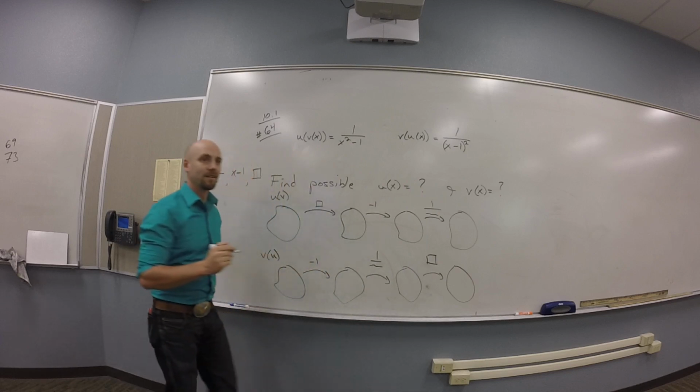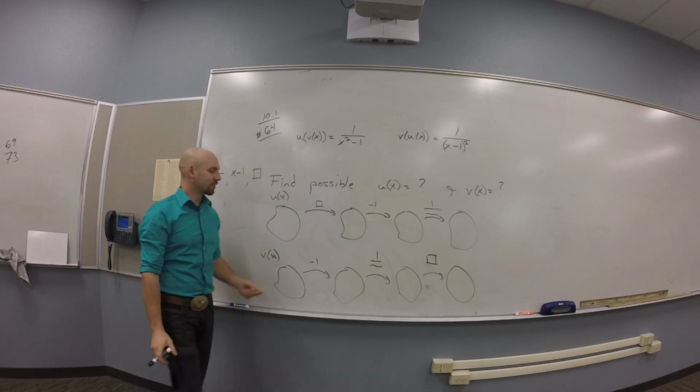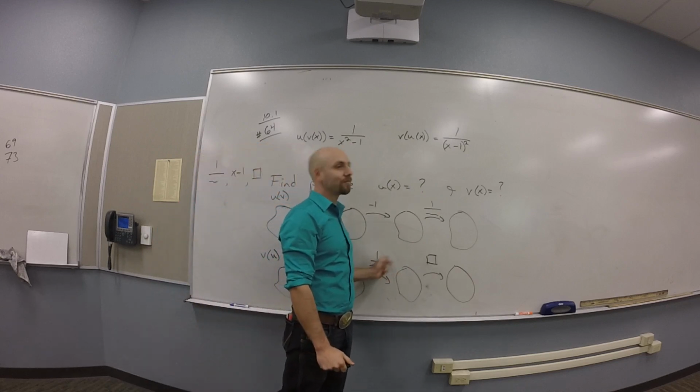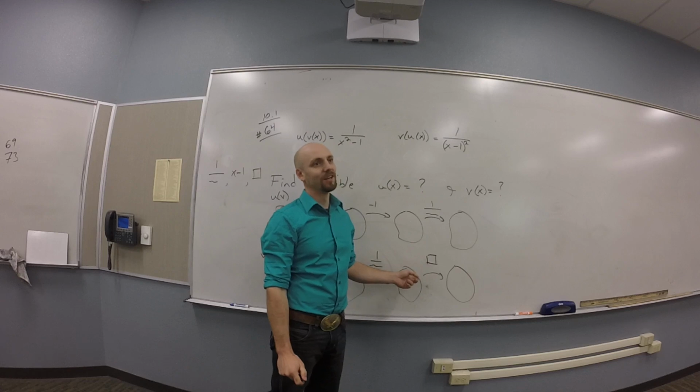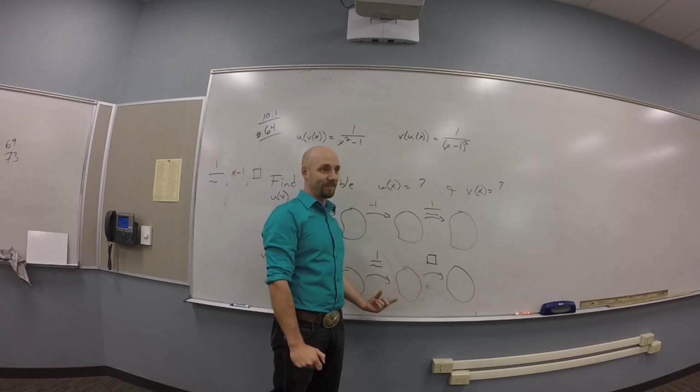The only reason I'm allowed to interchange their order is that squaring 1 over stuff is the same thing as squaring first and then doing 1 over the stuff. That's a lucky coincidence. That doesn't always happen, right?